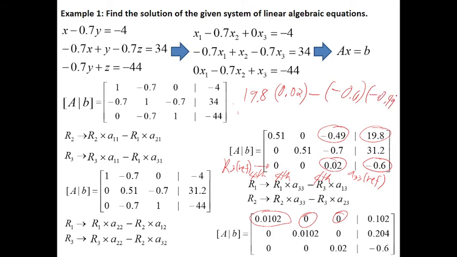Check natin using calculator. 19.8 multiplied by 0.02 minus 0.6 times 0.49. We get 0.102. Okay, so we can proceed.